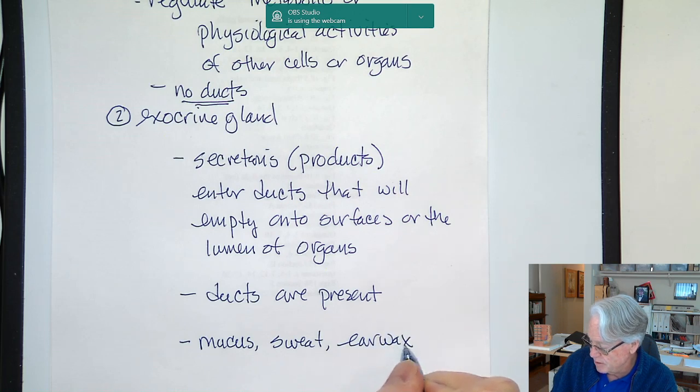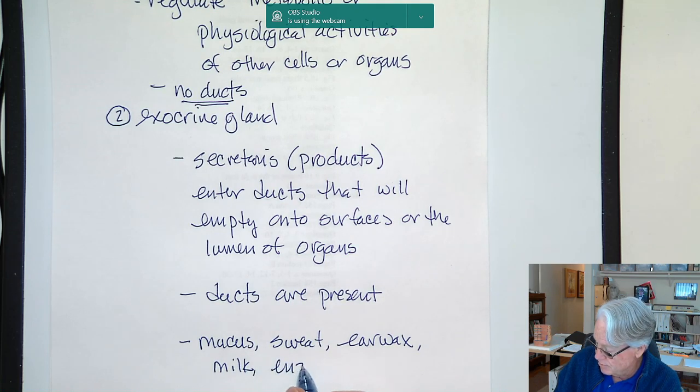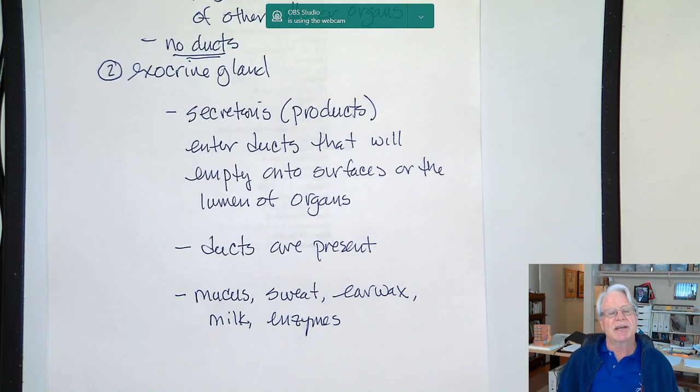I'm not giving you a complete list, obviously. So this gland is going to have a duct in some form or fashion. It's going to produce some sort of product which is going to end up on the surface of your body somewhere or in the lumen of some organ, such as perhaps digestive enzymes in the stomach.